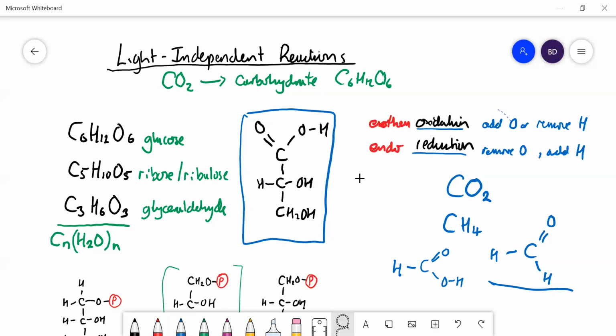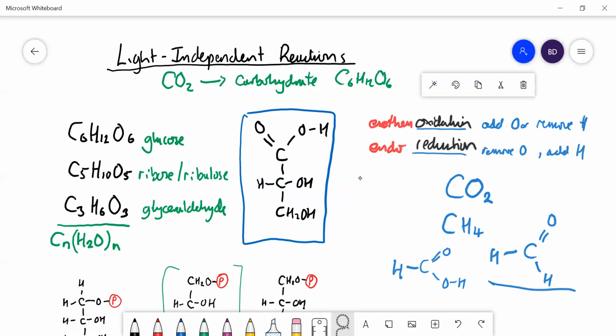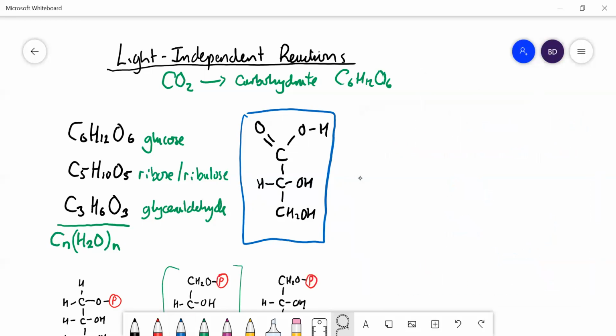Why am I talking about this when I'm talking about the reactions of photosynthesis? Because what we've got to do is turn carbon dioxide, where the carbon is highly oxidized, into carbohydrate, which is a lot more reduced. So there's got to be some kind of reduction going on. You may have come across reducing agents in biology, and if you've done glycolysis, you may have heard of NADH.